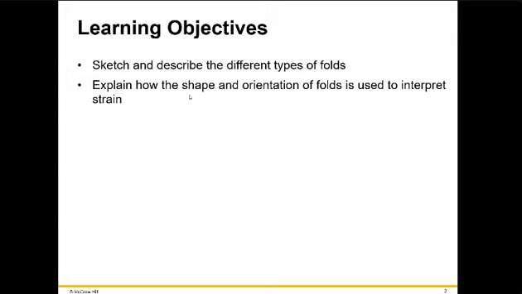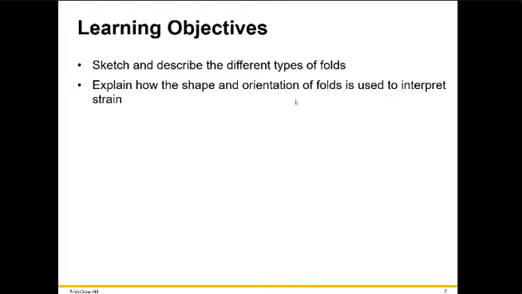The first thing, define and describe the different types. When I say describe the different types, we want to talk about the anatomy of folds. When you see folds, how do you describe the orientation of a fold? The different parts of a fold. And then we're going to talk about the classification of folds. And then we'll finish up the class talking about how we interpret folds on maps.